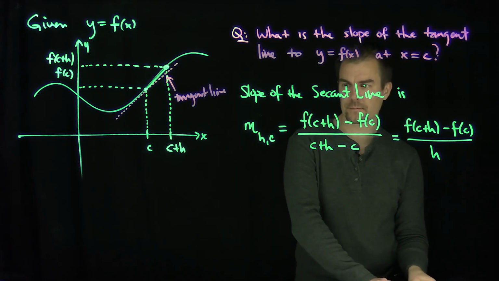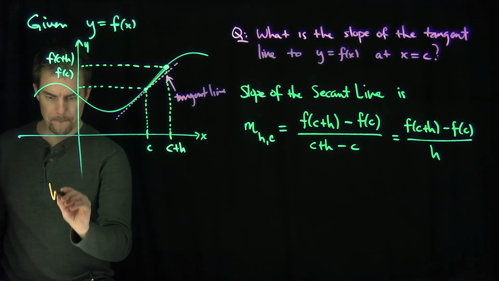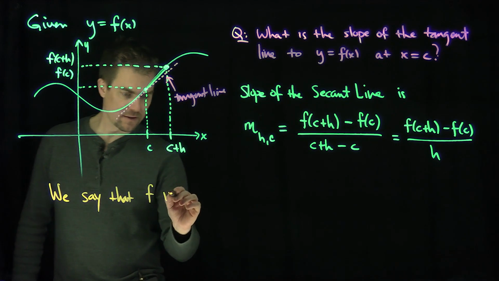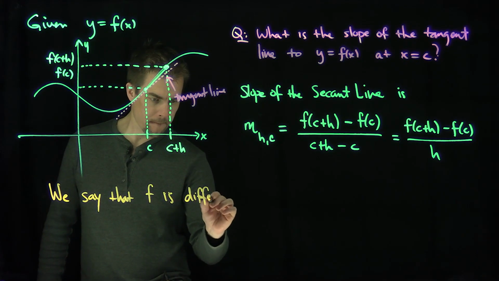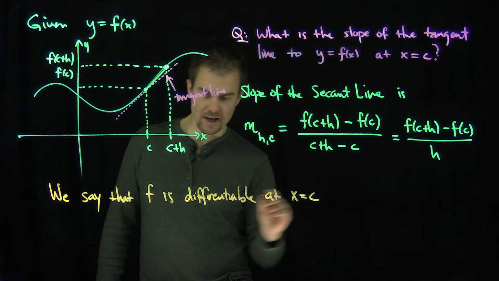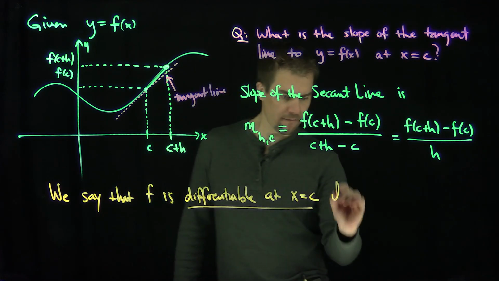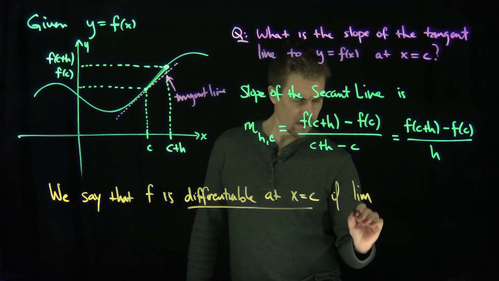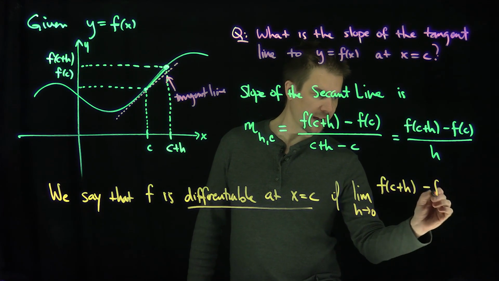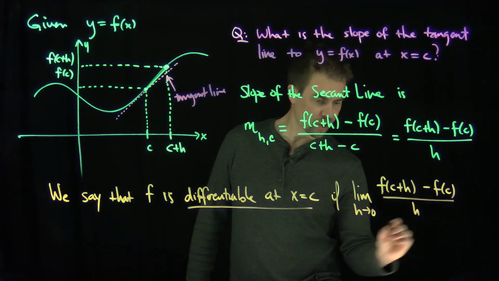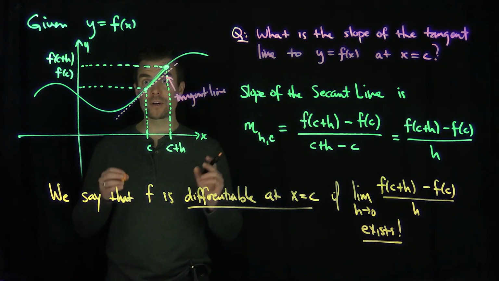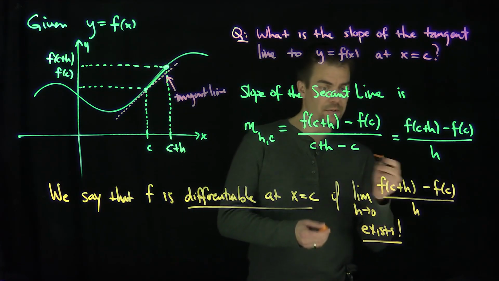So we say that f is differentiable at x equals c if the limit as h approaches 0 of f of c plus h minus f of c, all over h, exists. That limit has to exist, and we've already covered what it means for a limit to exist. So I want that limit to exist.